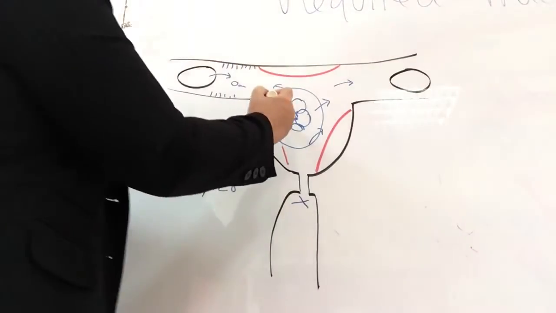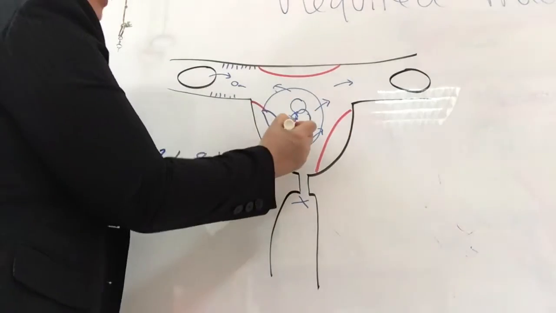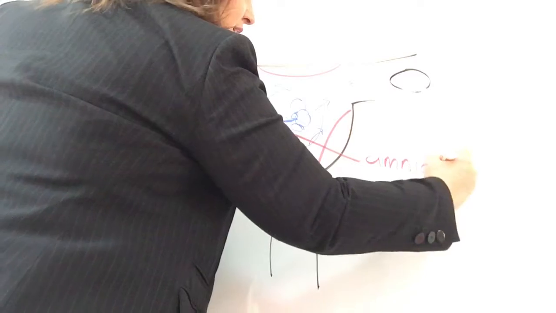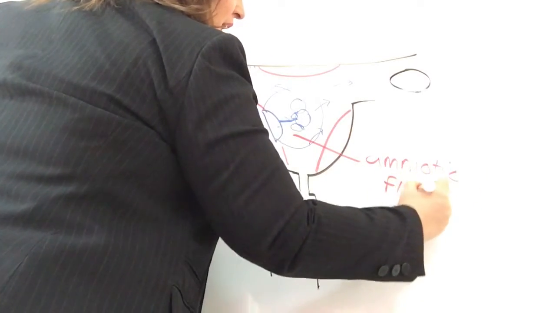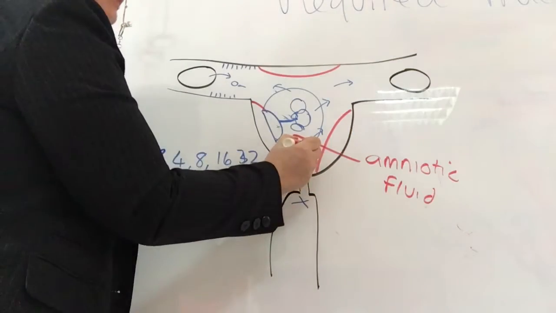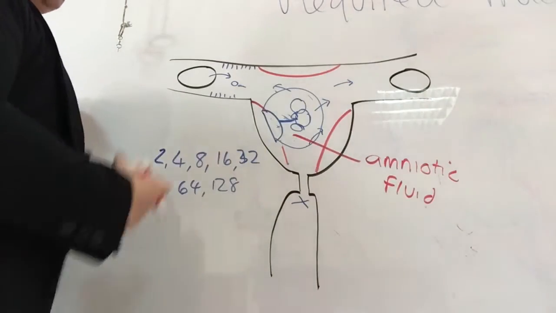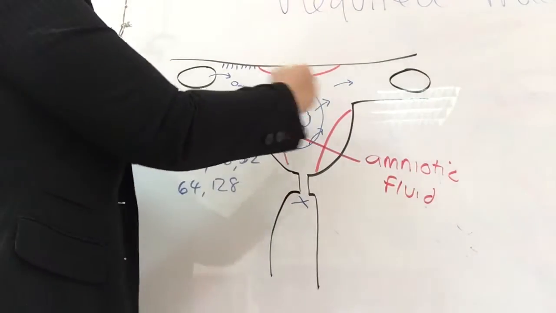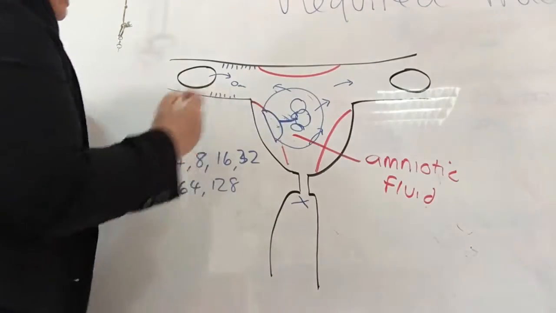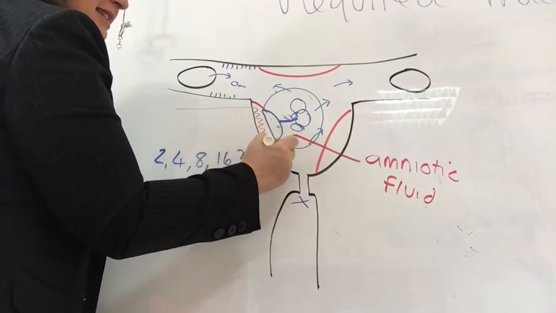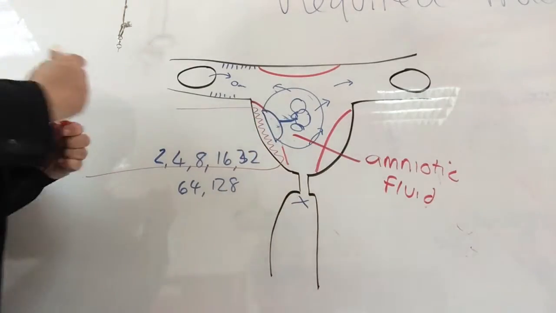So as we've got our baby developing in here, we've got the amniotic fluid that is made by the amniotic sac, and it's there to protect the baby from bumps and knocks. We've got the baby developing, we've got the placenta. Mum's blood comes along and is situated like this.